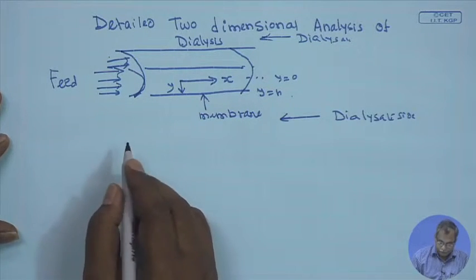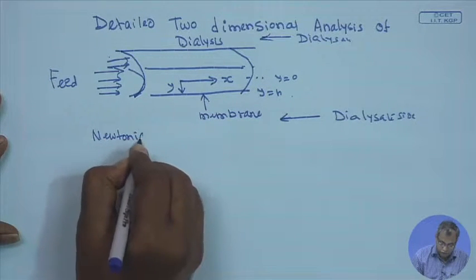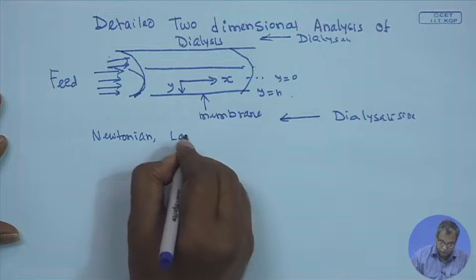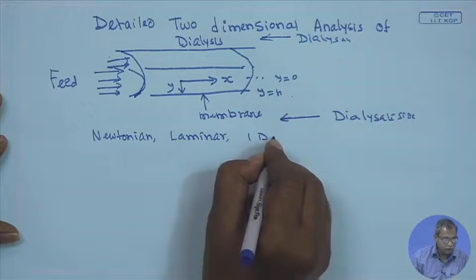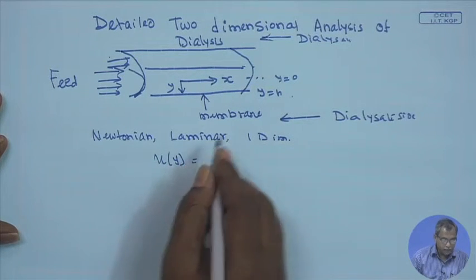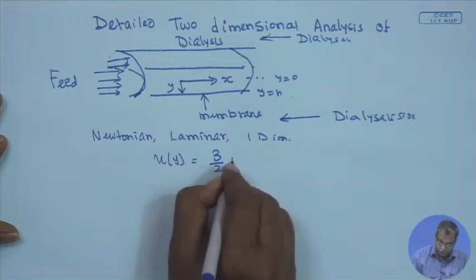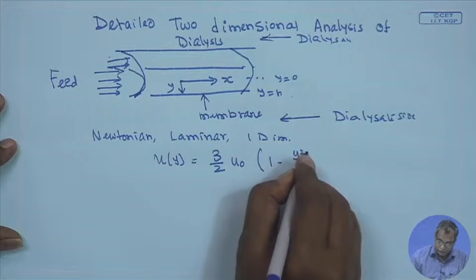So, if we consider a Newtonian fluid in laminar and one dimensional flow, the velocity profile, as we already know, is a parabolic velocity profile, 1 minus y square over h square.